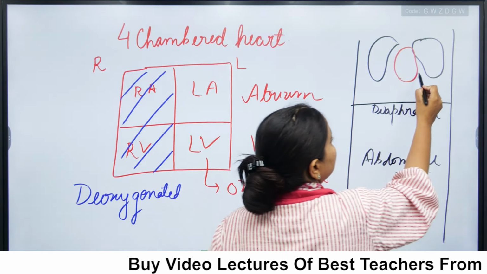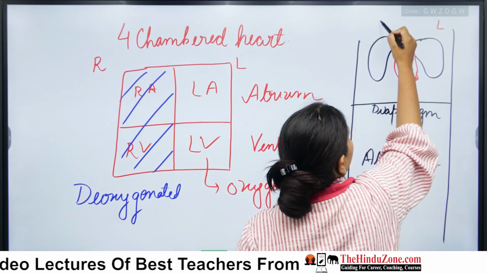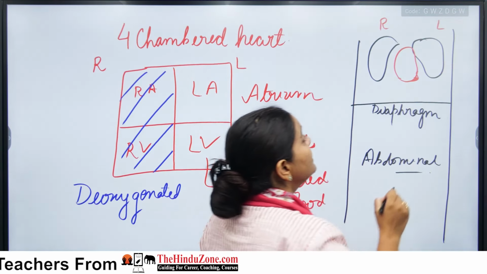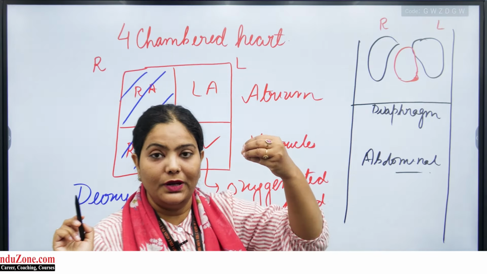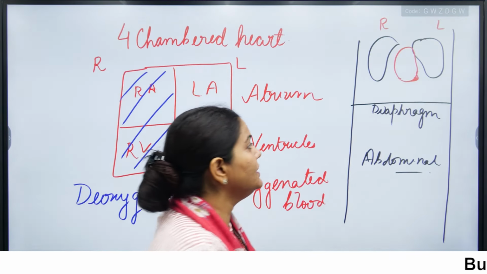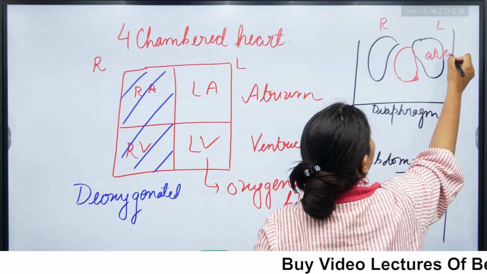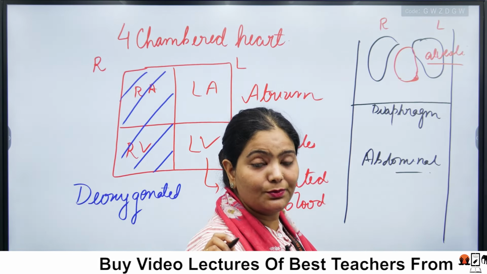Because it is slightly conical and pointed towards this left side, right? So your lung is actually clearing out your blood, and it is at the network of this alveoli. Lung alveoli is the site where gaseous exchange takes place.